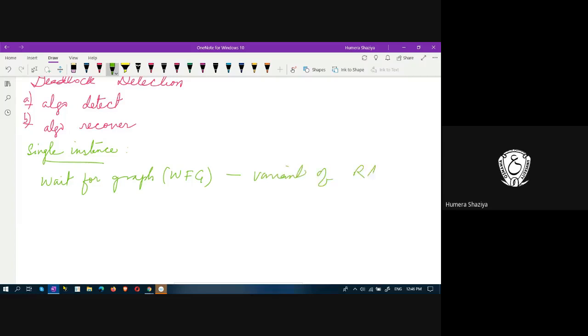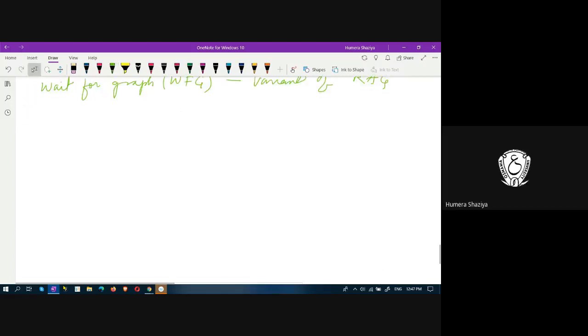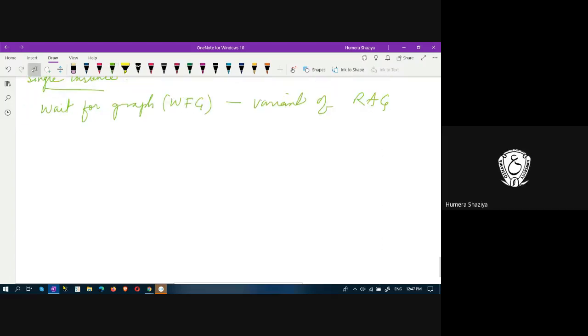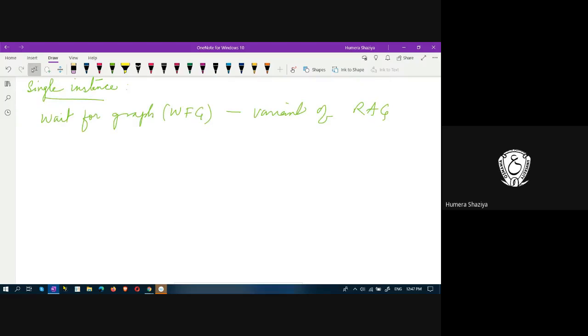It has nodes that contain the process names, that means the processes that are waiting for the resources held up by other processes.